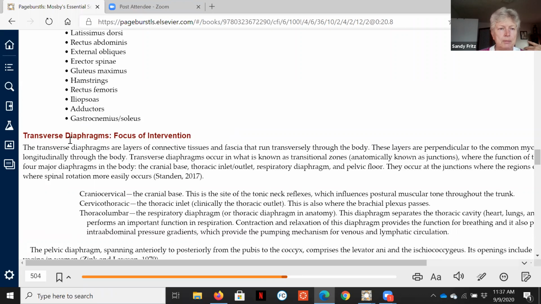And then we have these areas, which I talked about before, those lines I had drawn. These are transverse diaphragms, and that's where forces twist. And those are going to be your areas that are most vulnerable. And so there's a real important balance between stability and mobility there.